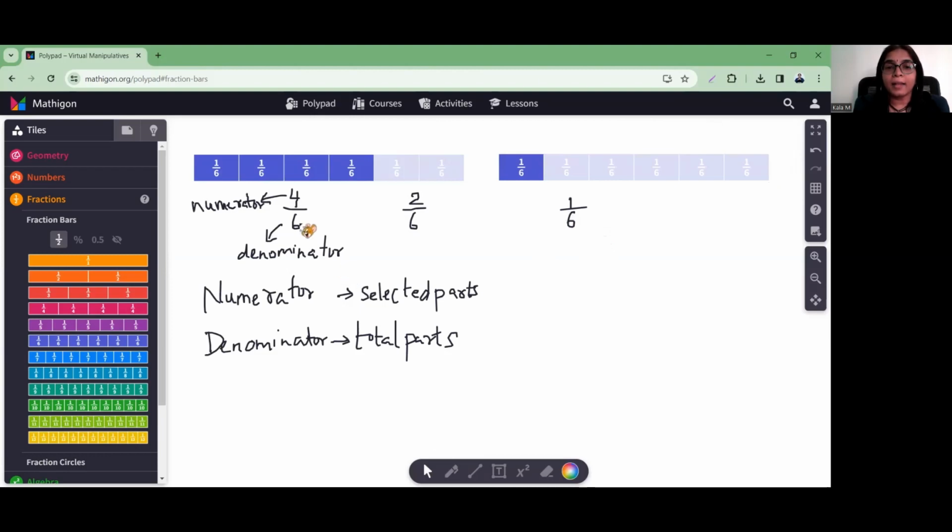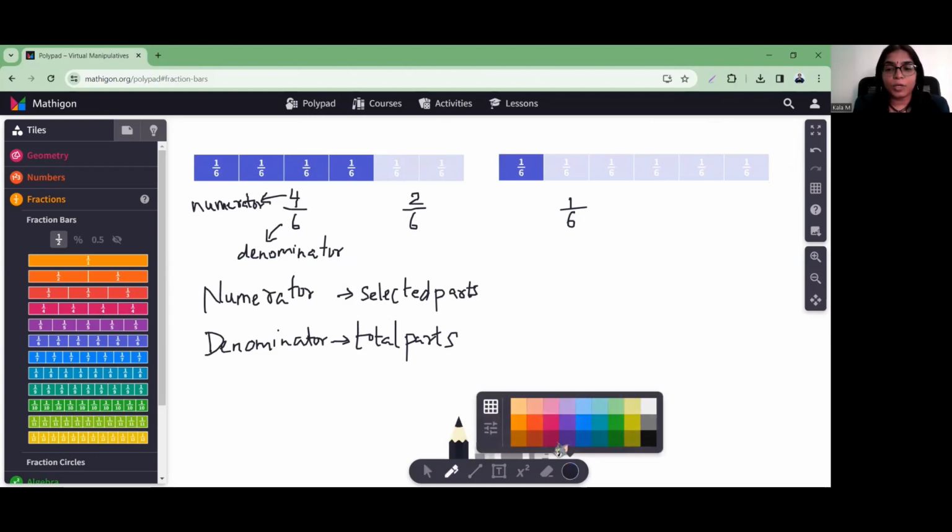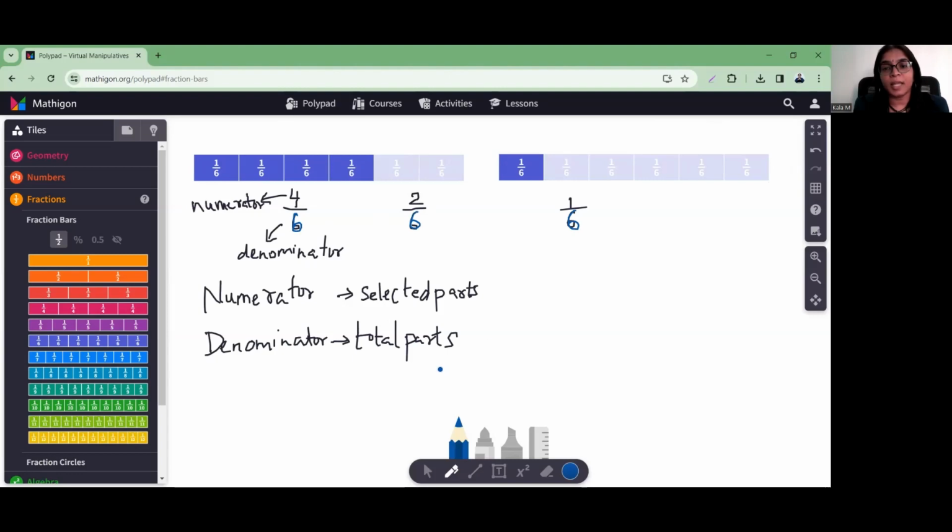And also see the denominators are all the same number, right? The denominators are the same. Such fractions are called like fractions. Just like when we have twins, they look exactly like each other. So that is called like fractions.